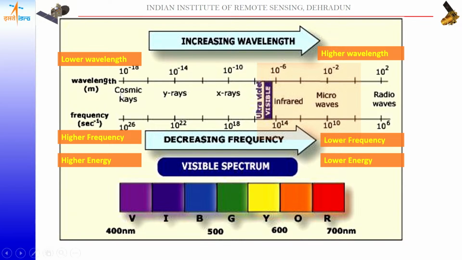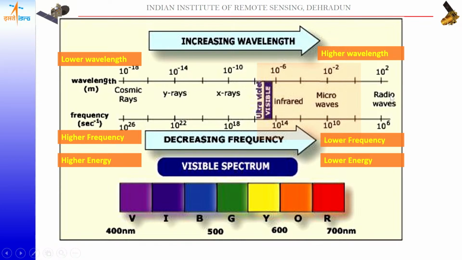So if you see from here, cosmic rays going to gamma rays, then X-rays, then ultraviolet, visible, IR, microwaves and radio waves, you can see that the wavelength is increasing from 10 to the power minus 18 meters and going up to 10 to the power 2 meters. And the associated frequency, the highest frequencies are borne by cosmic rays and the lowest by radio waves. So correspondingly, the highest energies are by cosmic rays and the lowest by radio waves.